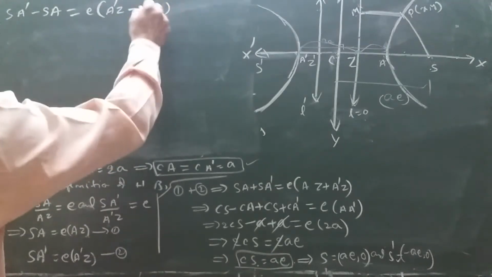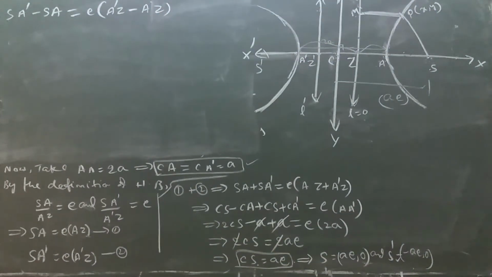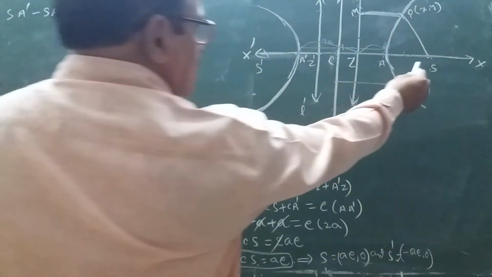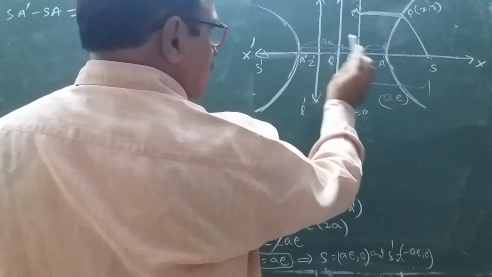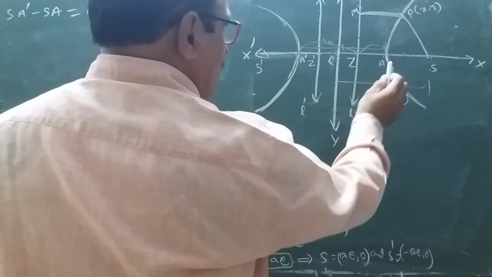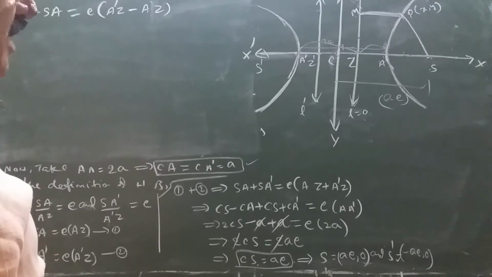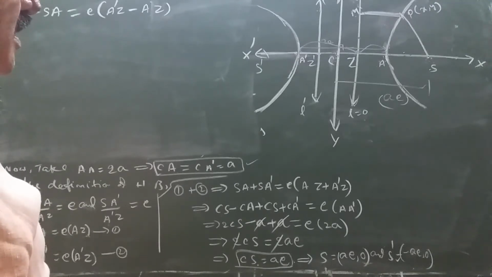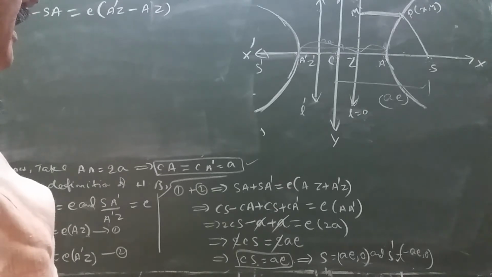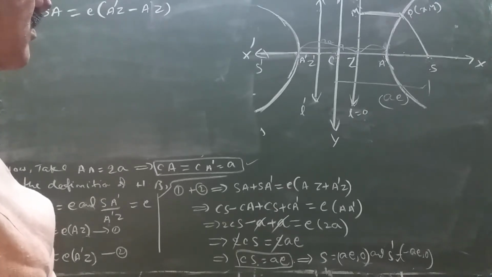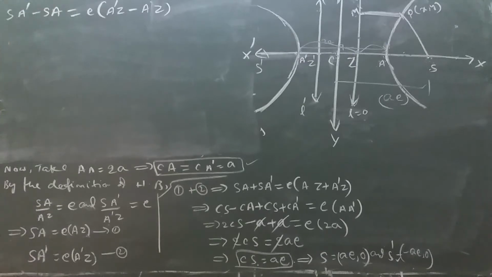By observing the figure, SA dash can be written as SA plus AA dash.